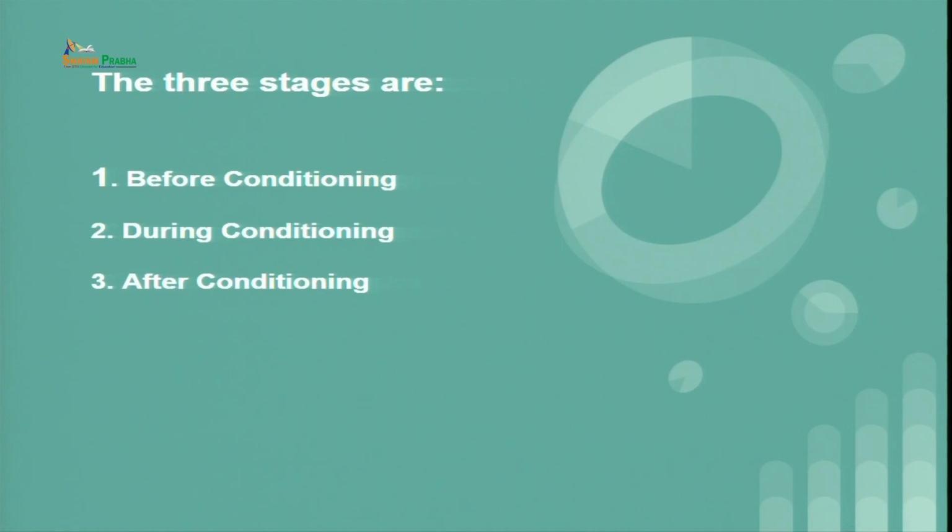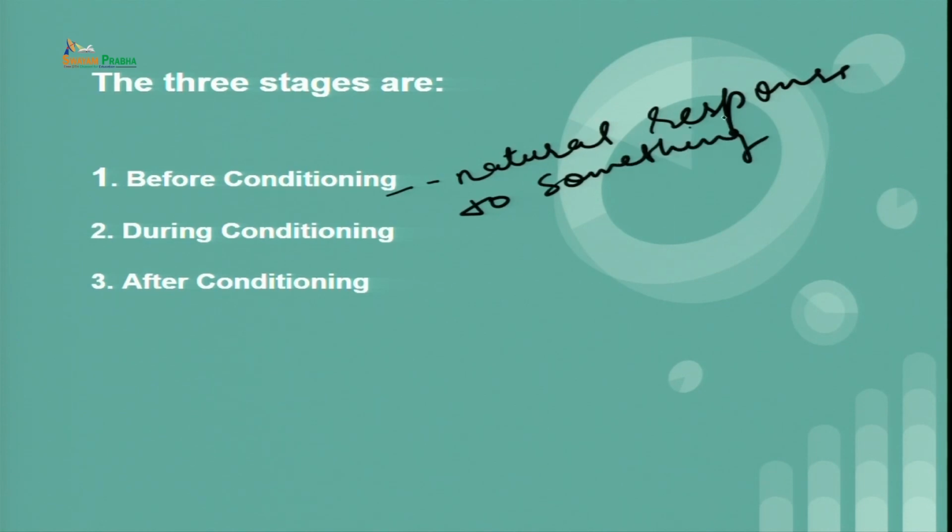So now let us look at this slide, the three stages where we will try to understand Pavlov's experiment. At first there is before conditioning, second there is during conditioning, and the third stage is after conditioning. Before conditioning is a natural response to something unfamiliar. Before conditioning refers to an unlearned response to an unconditioned stimulus.